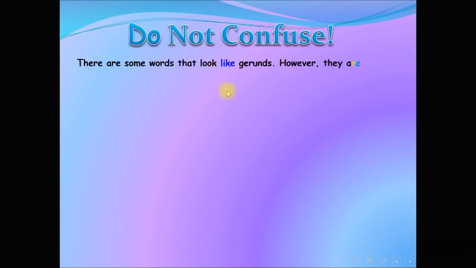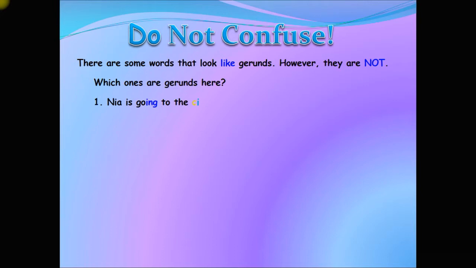Again, do not get confused: there are some words that look like gerunds, however they are not. Be careful, because we have many ing form words in English. They look like gerunds, but they are not always gerunds. Now we have some sentences.